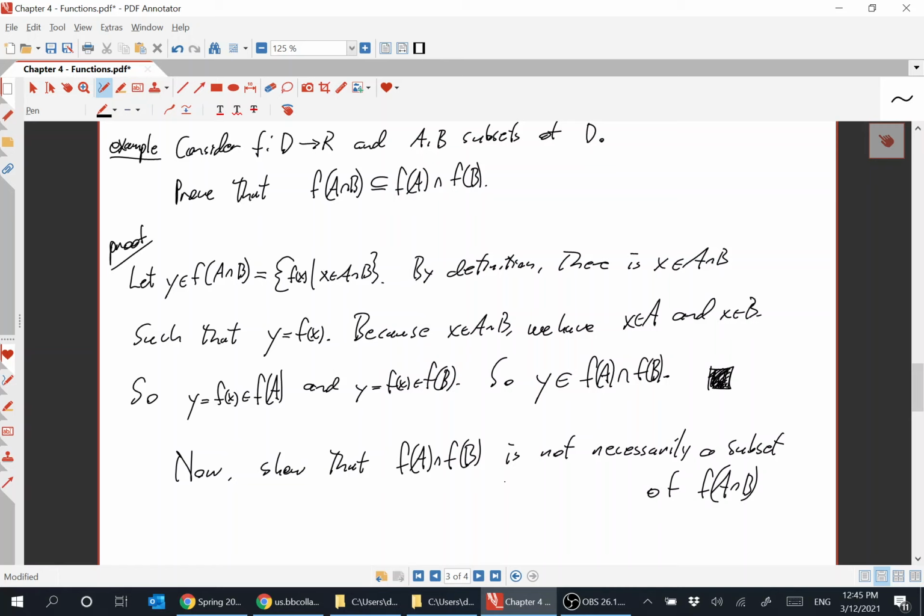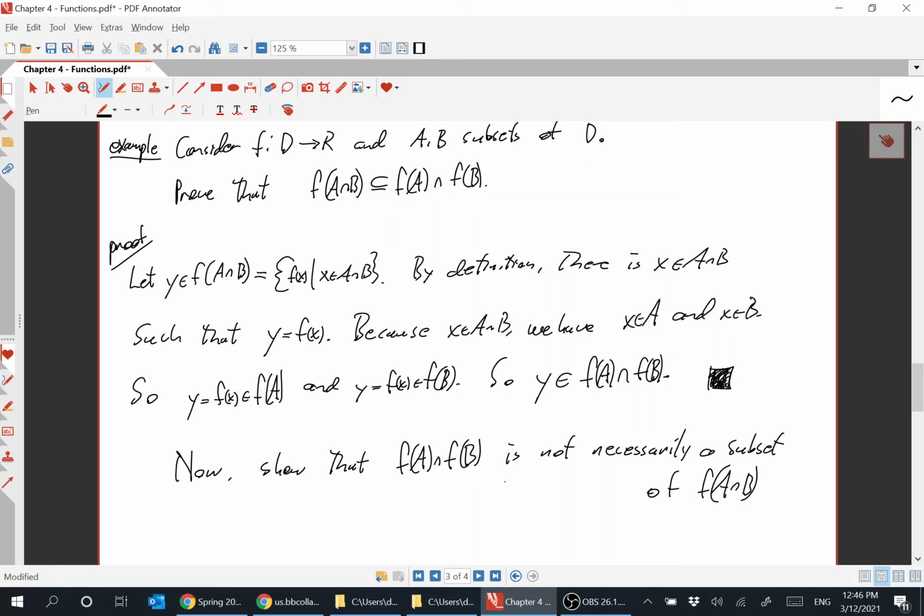I mean, it might be. F of A intersection f of B could be a subset of f of A intersection B, but not always. So if something is sometimes true but not always true, you say it's not necessarily true.